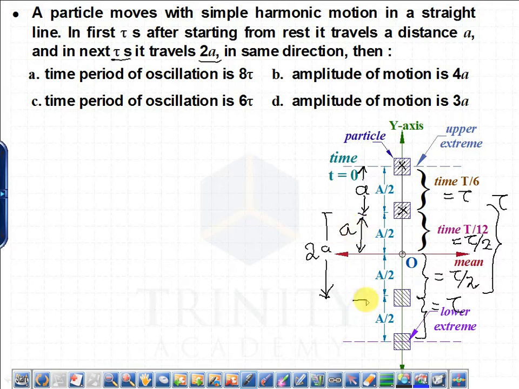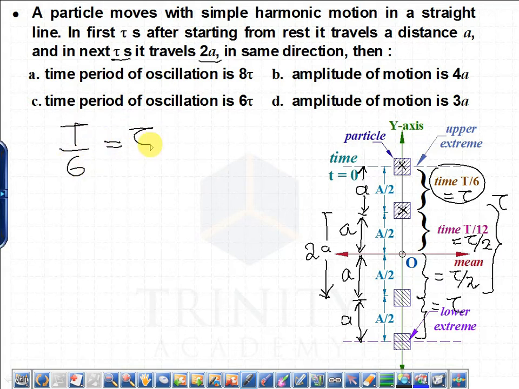This distance also must be equal to a, and on that ground this distance must be equal to a. Now the problem is well simplified, well justified according to the situation. We can safely say that T by 6 must be equal to tau, or that gives periodic time equal to 6 times tau.